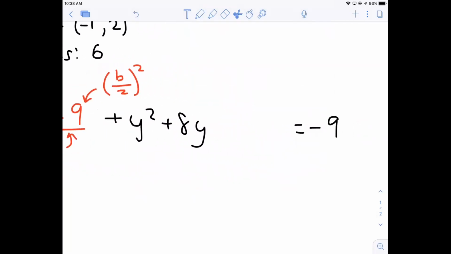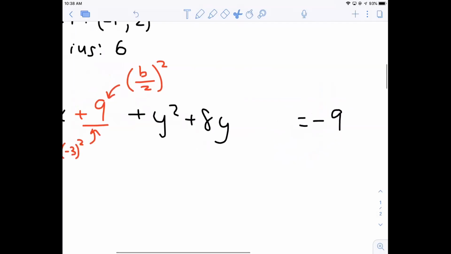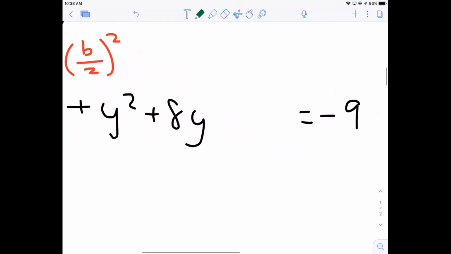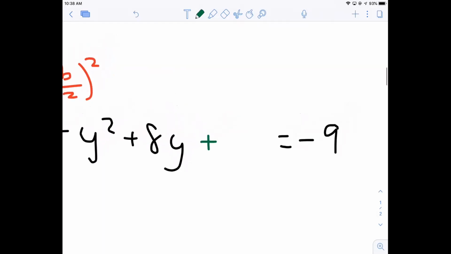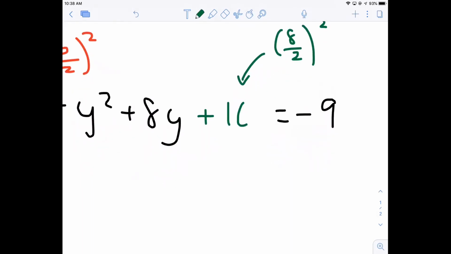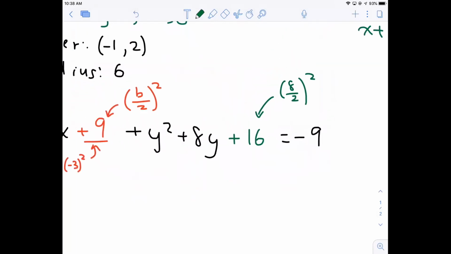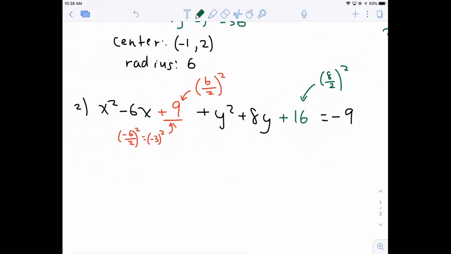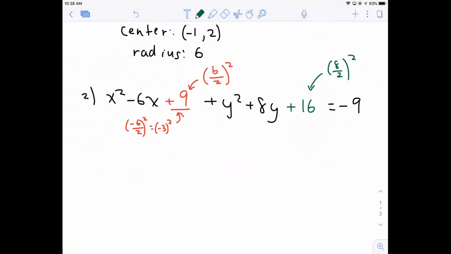But over here, we're going to be adding 8 over 2, which is 4, and then we square it. That's going to give us 16. If you don't know where this comes from, don't worry. I do want to talk about where that comes from in an honors class. So we're going to add a 9, and we're going to add a 16 to make these perfect square trinomials.